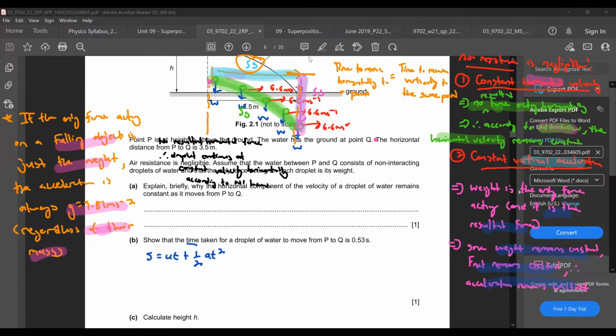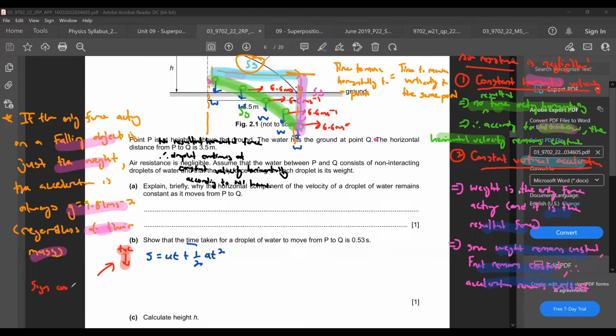I'm moving downwards, so my sign convention is downwards positive. Now, whenever you use a kinematics equation to find something, I'm not sure how you learn it in Charterhouse. For my case, usually when I want to use a kinematics equation, I will always assume a sign convention. Sign convention is which direction is assumed to be positive. In my case, my sign convention is downwards positive.